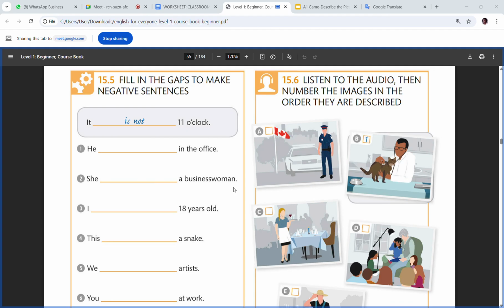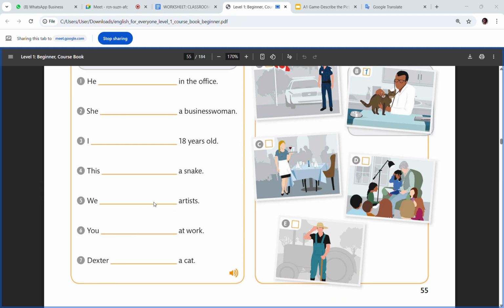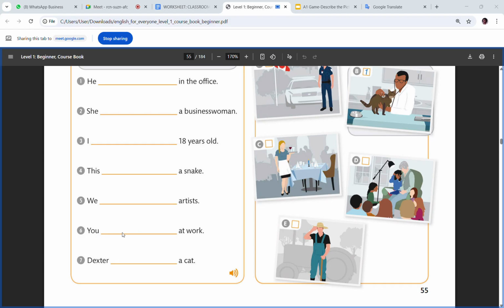I am not 80 years old. Very good. This is not a snake. We are not at work. You are not. Dexter is a cat. Dexter is not a cat.